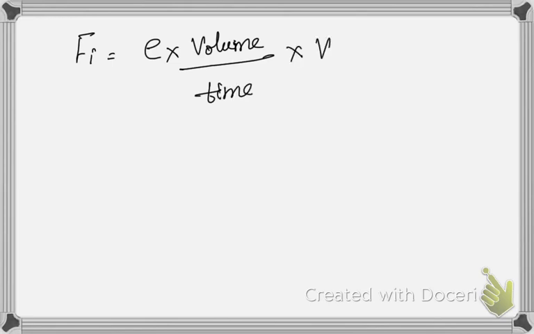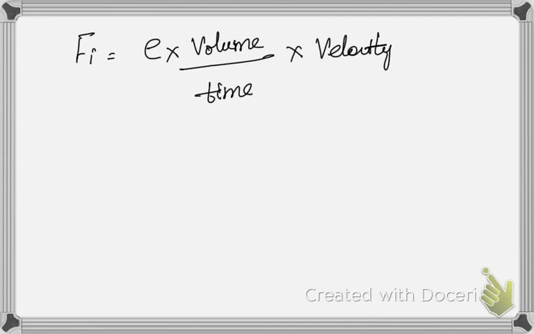Fi is nothing but rho V, that is volume, by time into velocity. So instead of velocity by time, I am rewriting it as volume by time.